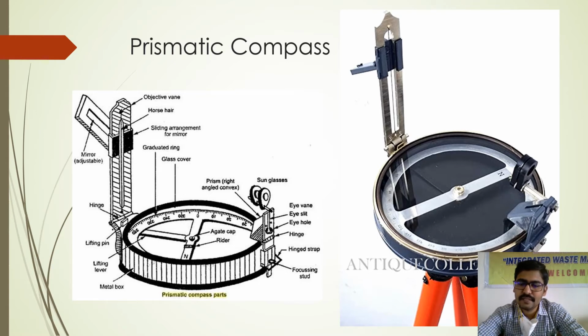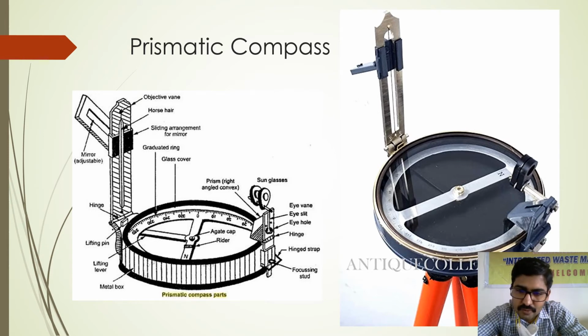You can see the thread attached at the center. That thread will help you to frame the line of sight with the eye vein. Clear? This is how the line of sight will help you in getting the bearings along the direction for which we are finding the bearing of the line.